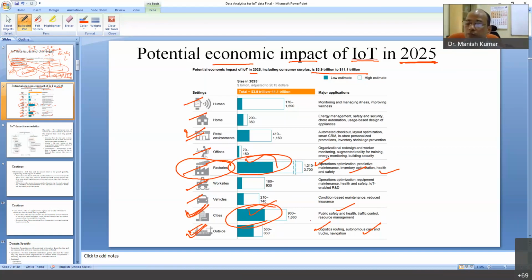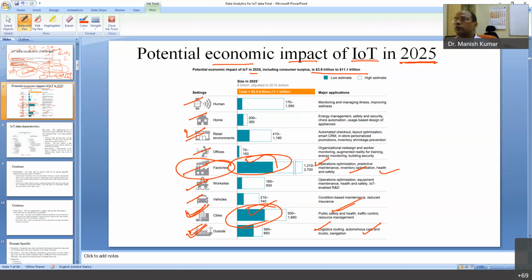Whereas in the city we are very much concerned with public safety and health, traffic, resources, and issues like management of markets, management of opening and closing of different markets in different areas of the city, so as to have optimized traffic and crowd management.